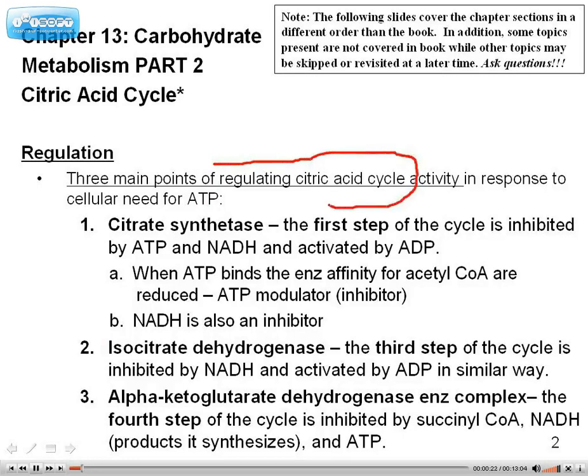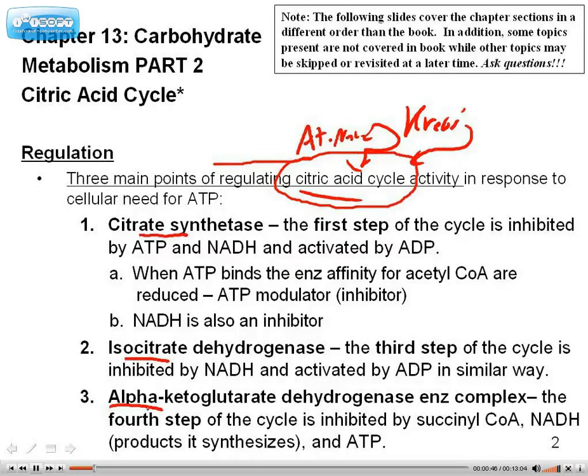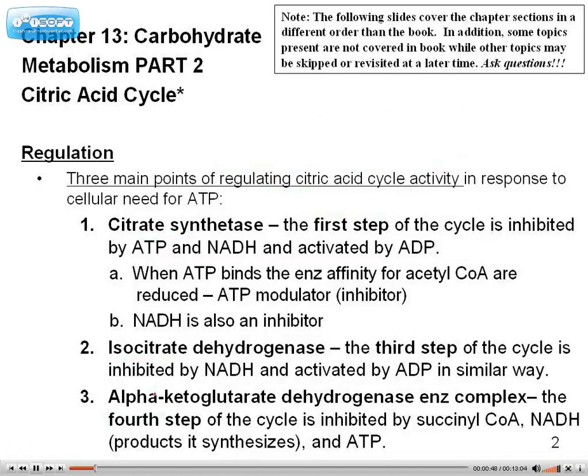I should point out the alternate name for the Krebs cycle is citric acid cycle. So we always have two names for the same thing. We're going to focus on these key enzymes in the citric acid cycle because they're responsible for regulation.